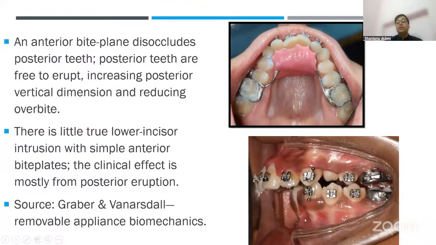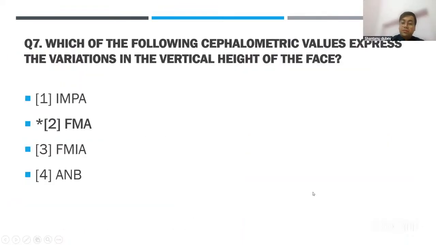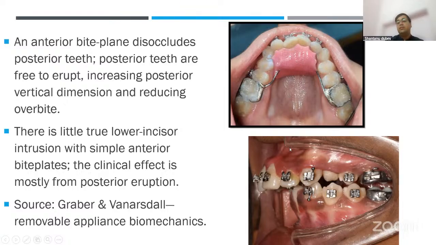So obviously, the mandible will not rotate further, right? If mandible rotates further inside of the maxilla, then there's deep bite. If occlusion is stopped here because of the eruption of the posteriors, it won't go further inside, and hence deep bite is corrected. So there's little true lower incisor intrusion with simple anterior bite planes. The clinical effect is mostly from posterior eruption.